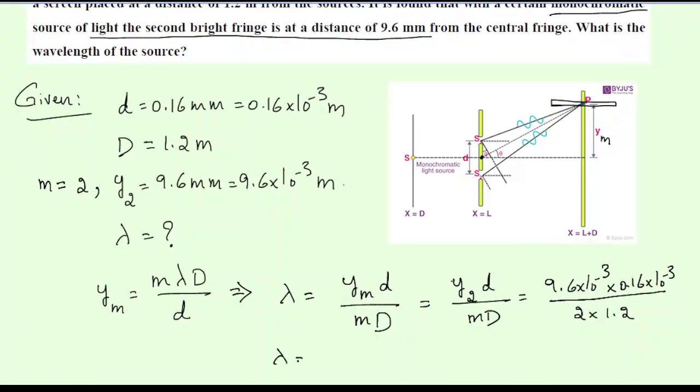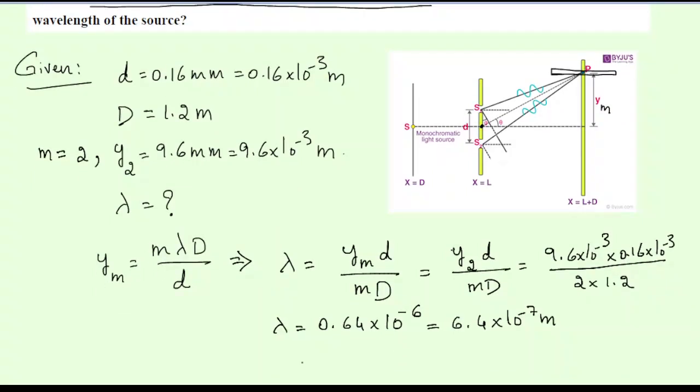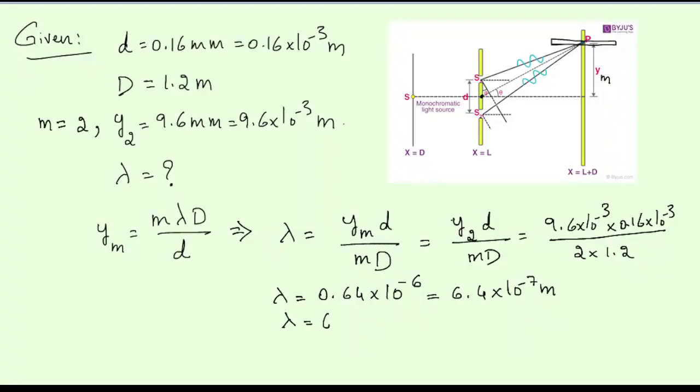So we have lambda is equal to, when we calculate all these things, we get 0.64 into 10 to the power of minus 6, or we can write it as 6.4 into 10 to the power of minus 7 meters. Suppose I want to write it in terms of angstrom, I can write it as 6400 into 10 to the power of minus 10 meters. So this is the value of lambda.